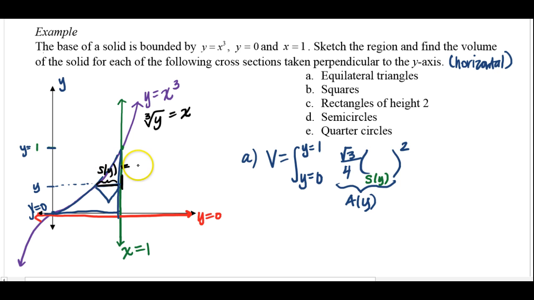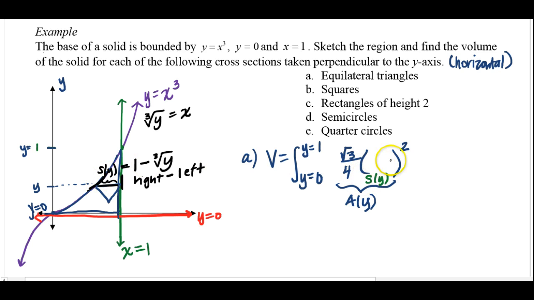So s of y is equal to 1 minus, and now this left side of the function here corresponds to x equals the cube root of y. So s of y, this length right here, is right minus left. So I'm going to write that down just to show where it came from. So right minus left is the length of this base to my equilateral triangle.